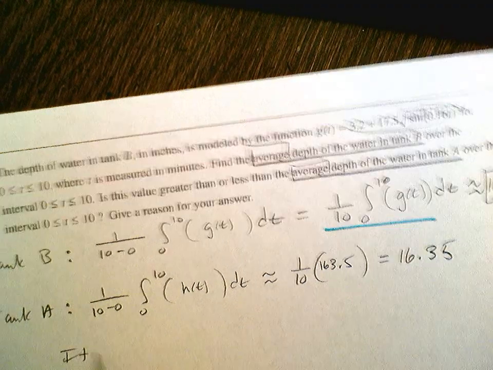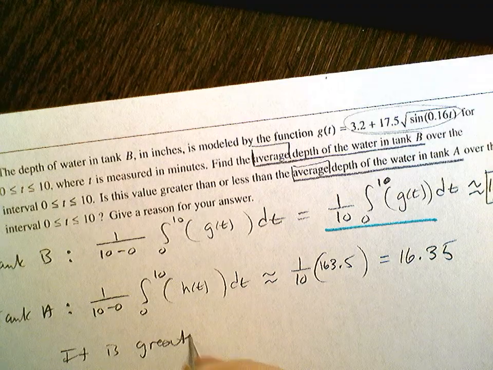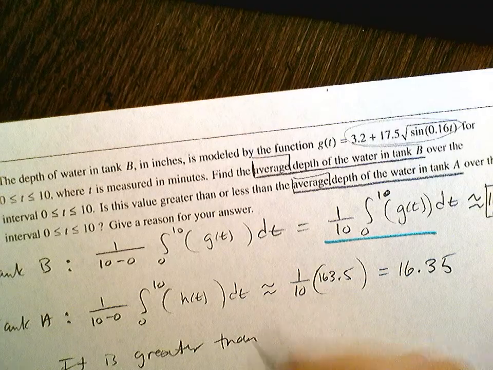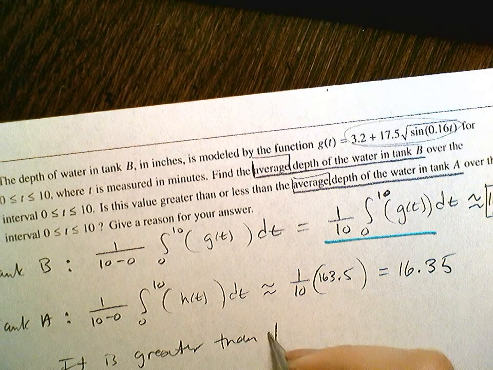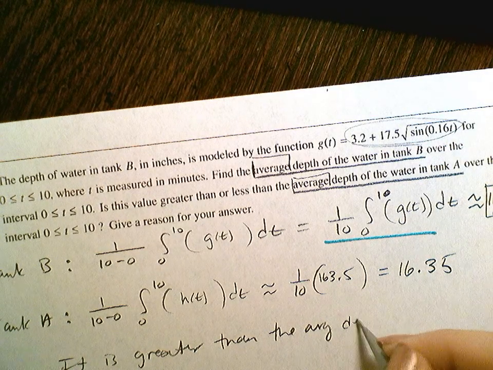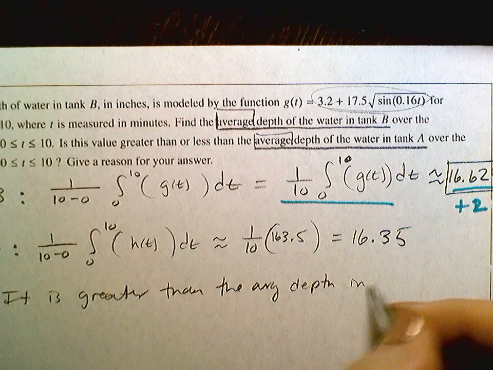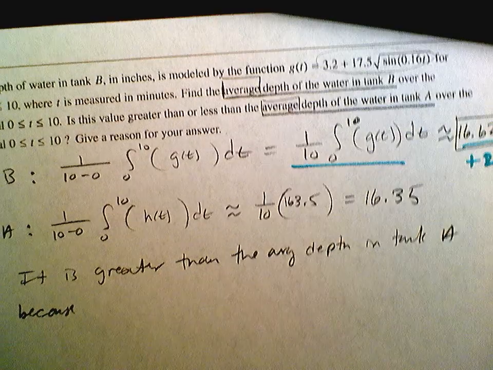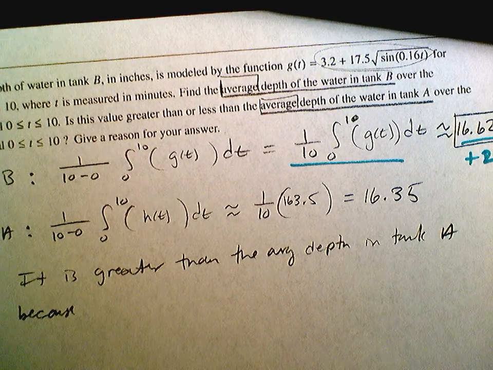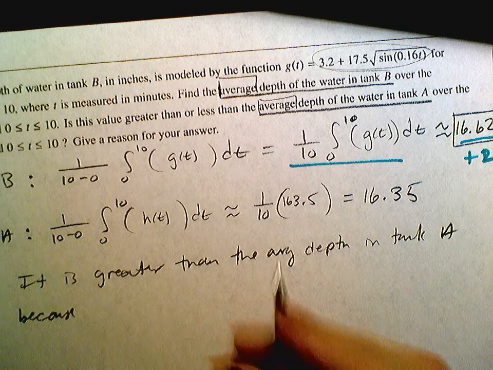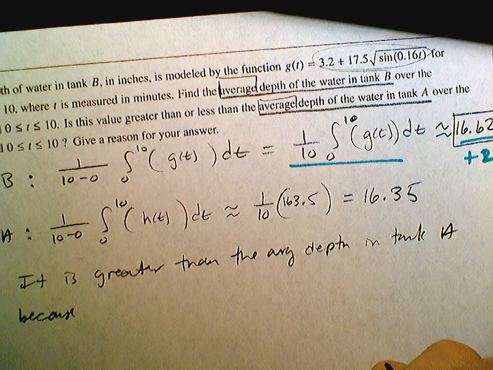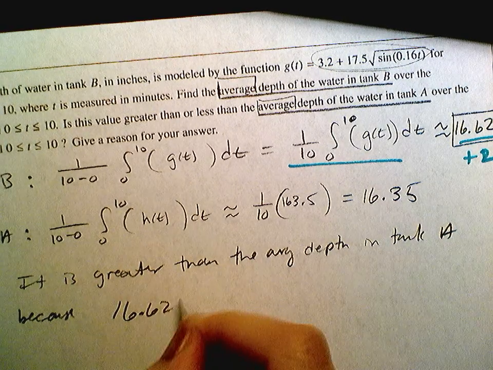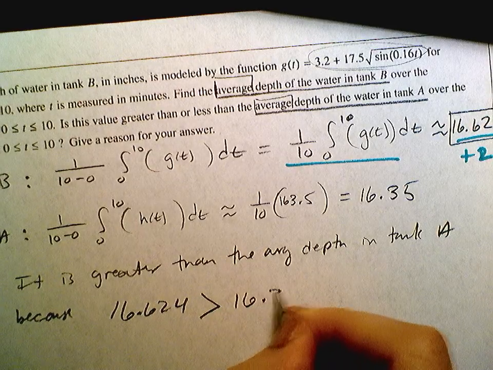Is the value greater than or less than the average depth in tank A? It is greater than the average depth in tank A because 16.6241 is greater than 16.35.